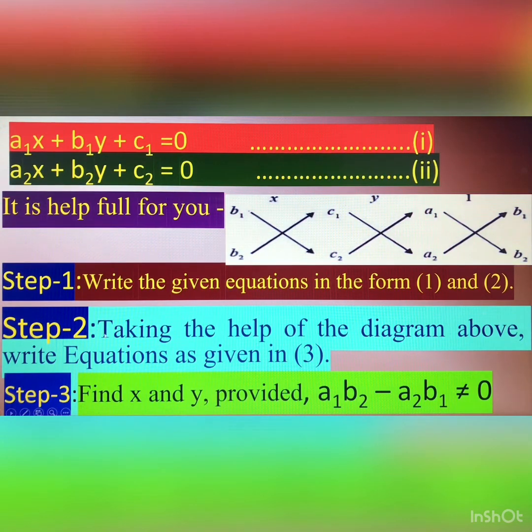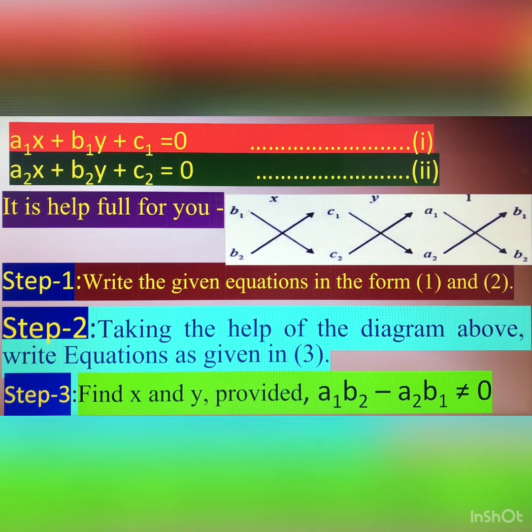And the second step, taking the help of this diagram, find equation number 3, which you saw previously. After that, find the values of x and y, provided a1 b2 minus a2 b1 is not 0. If it is 0, then the system has no solution. So these are the steps.